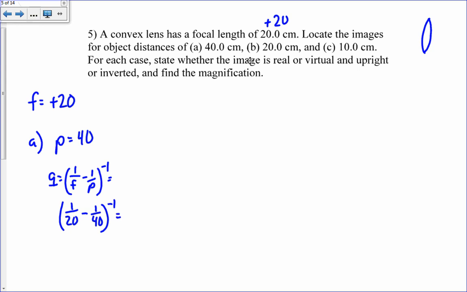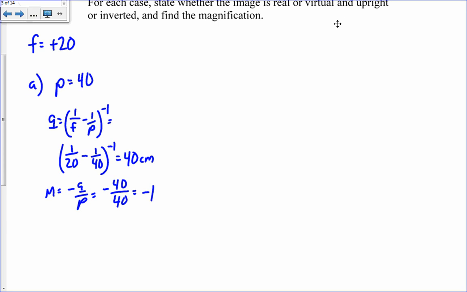So for part A, Q is 40 centimeters. All right, my magnification, negative Q over P, is negative 1. So this is a real image because I have a positive image distance.